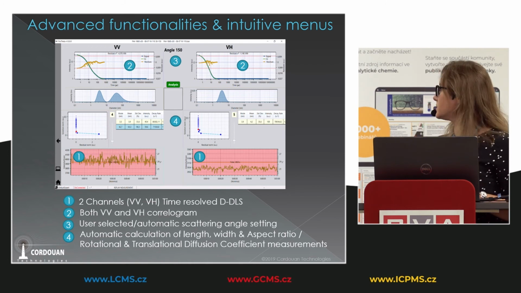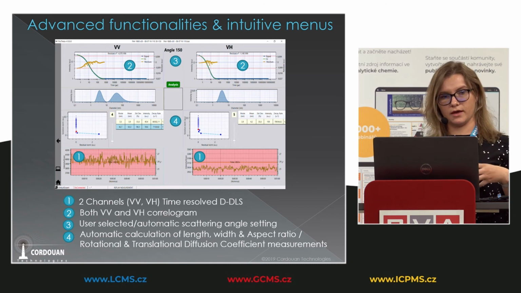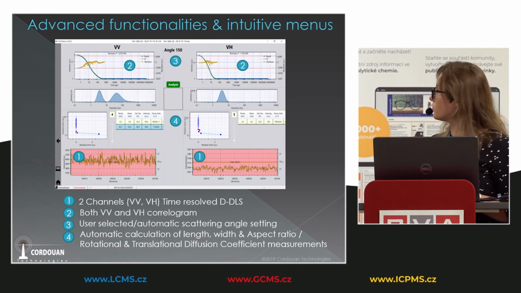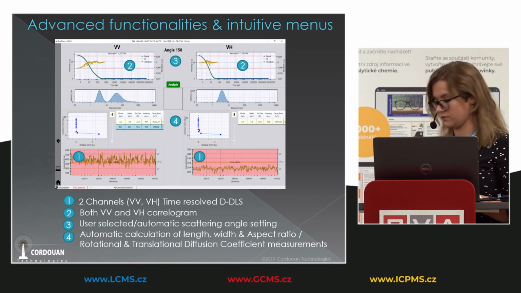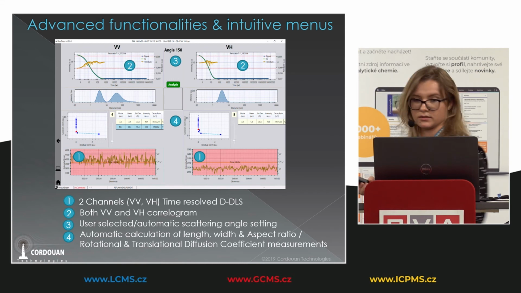And you can see that, in fact, by tracking the scattered light on 2 different configurations of the detectors, we are able to obtain 2 different autocorrelation functions. And by fitting these autocorrelation functions, we have the different size distributions of your particle.